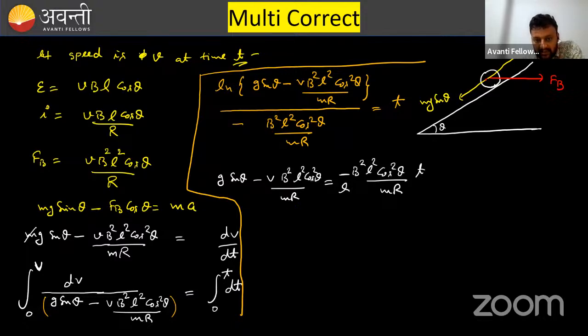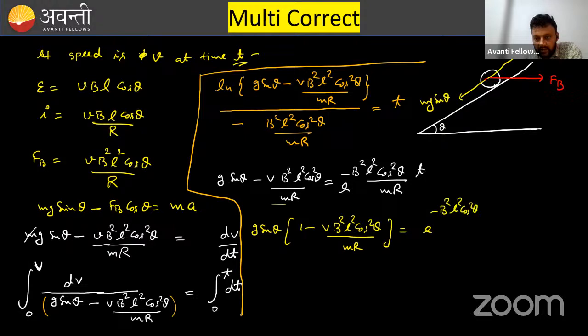In the LHS, if I take g sin theta common, it will become 1 minus vb square l square cos square theta divided by mr is equal to e raised to the power minus b square l square cos square theta t divided by mr.